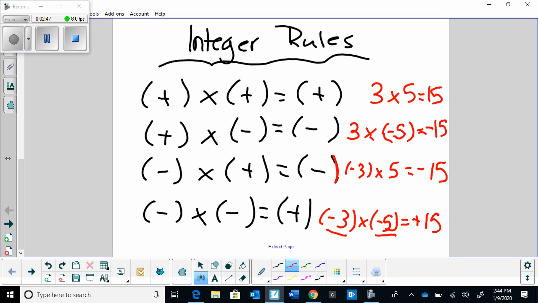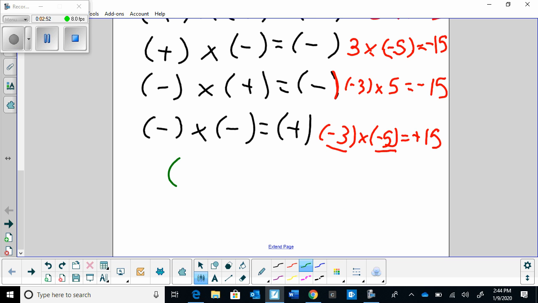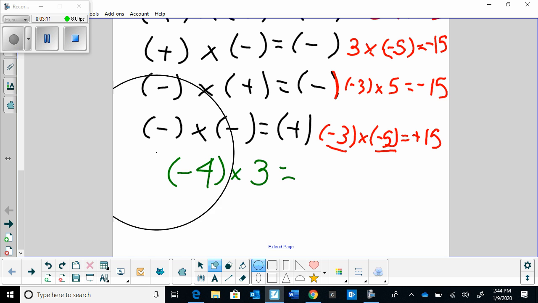So using these rules that we created above, we're able to do questions. So let's say I have negative 4 times 3. Well, we look at these numbers, negative 4 times 3. First I ignore the sign, and I pretend I hide them.